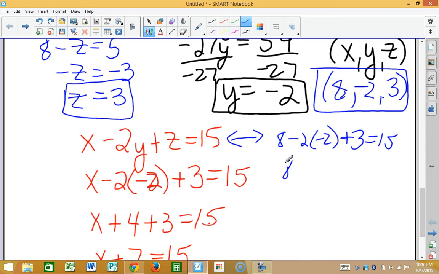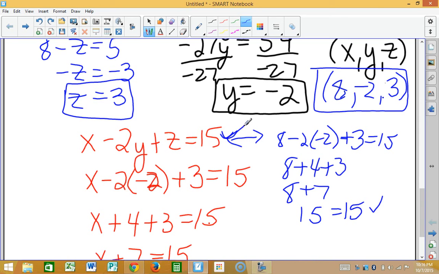So we get 8 plus 4 plus 3, and 8 plus 7 is 15. So 15 equals 15. It checks out, right? So this works. That's the solution that makes that a true statement. And if we went back up, plugged into the other 2 equations, you would see that all 3 would turn out to be a true statement, proving that all 3 would work.